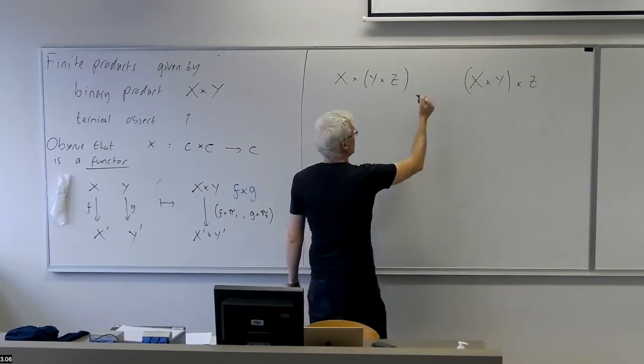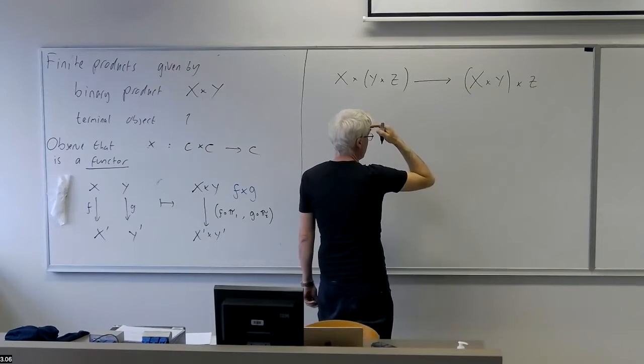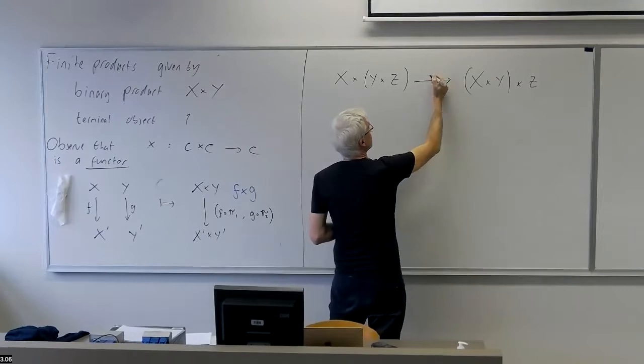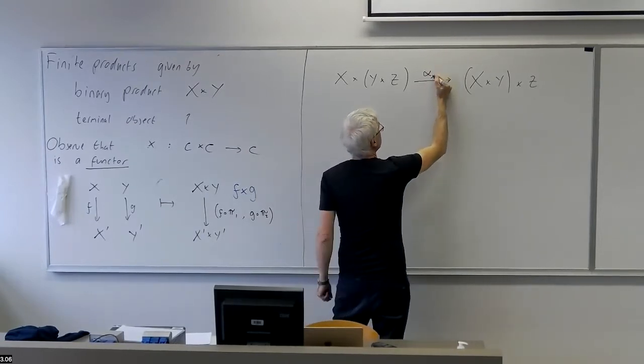There is, of course, an isomorphism between these sets, and moreover, it's not an arbitrary one, it's a canonical isomorphism, and it being canonical, it's going to be a natural isomorphism.